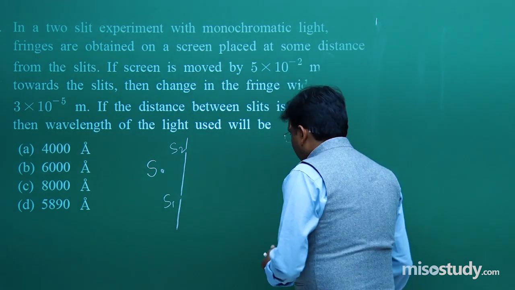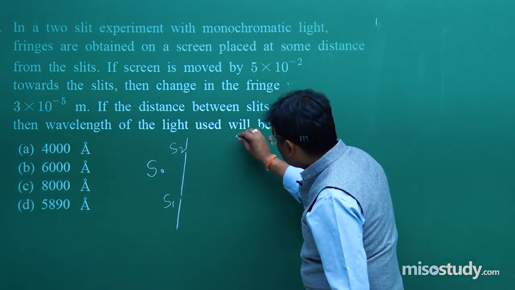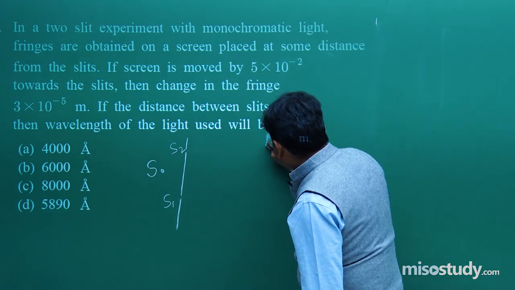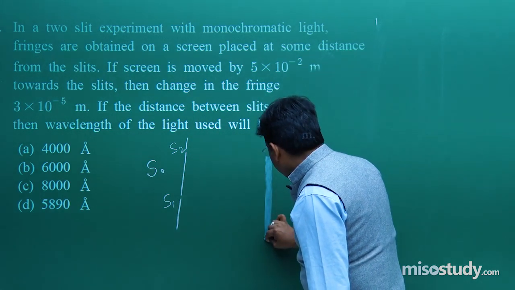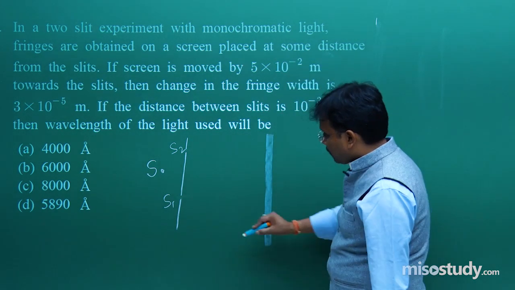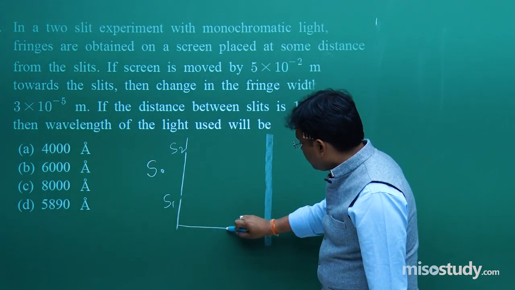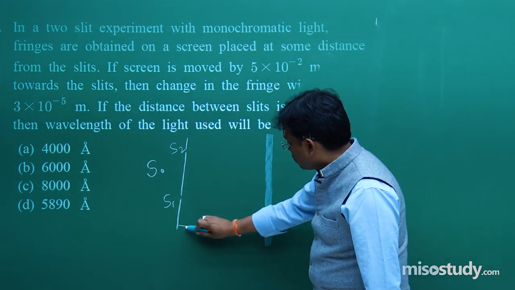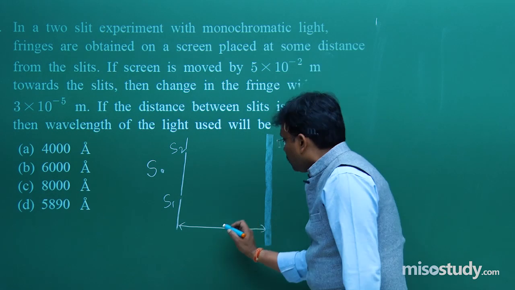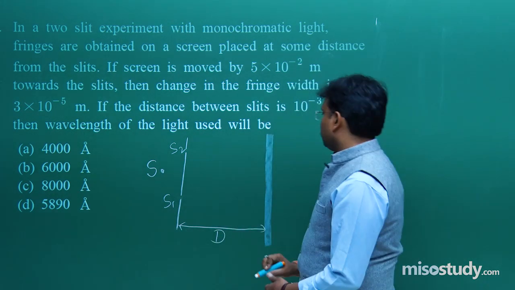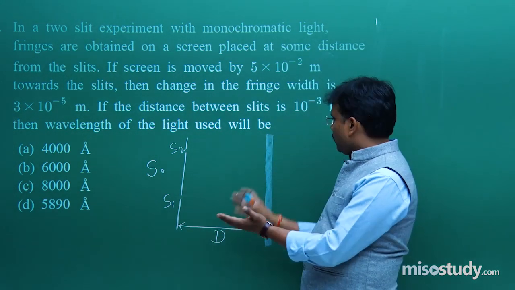And after that, the screen is placed like this, okay, and this gap is capital D. This is the screen. You are getting the pattern.